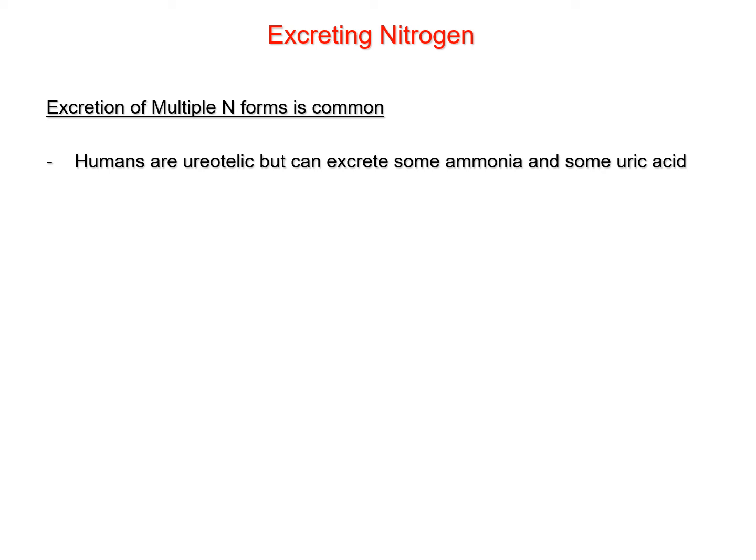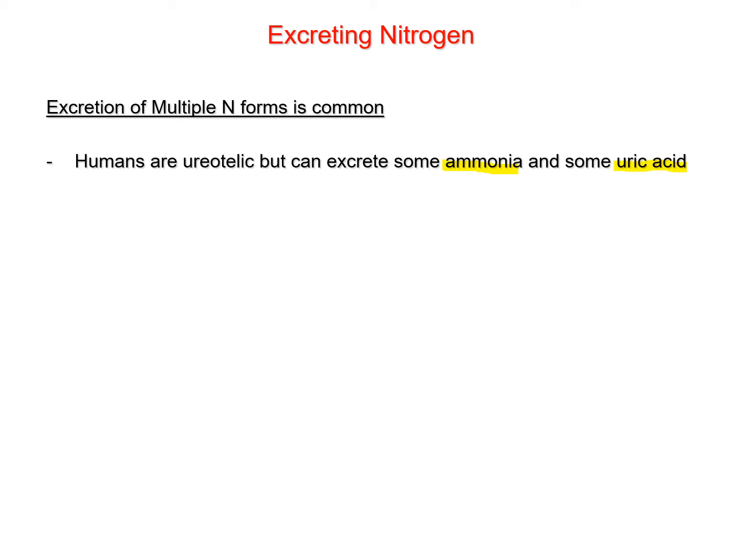Humans are ureotelic, but they can and do excrete some ammonia and some uric acid. And some individuals produce more uric acid than others. And because uric acid is highly insoluble, sometimes they get deposits of uric acid in the joints, particularly in the joint at the base of the big toe of the foot.